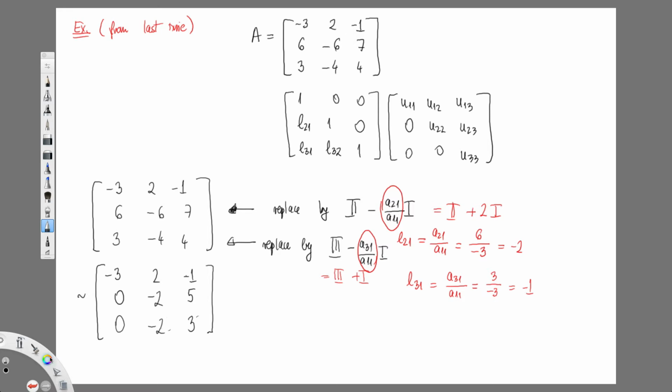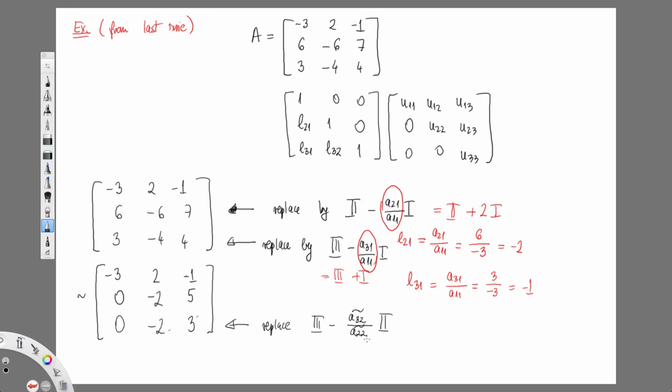My last one left is replacing this one. We're going to replace it by 3 minus A32 divided by A22. In the actual slides, I refer to these as tilde because these are some new coefficients A. They're not my original A, so I can't just go to my original A and grab A32 and A22.